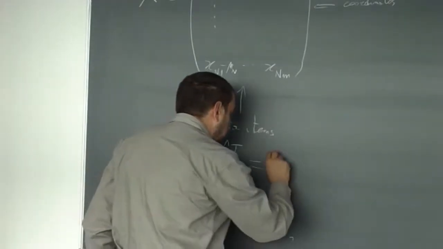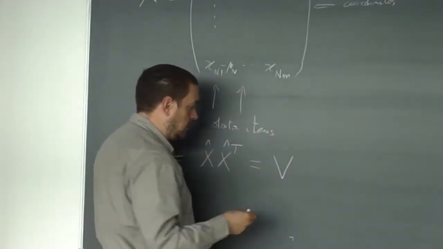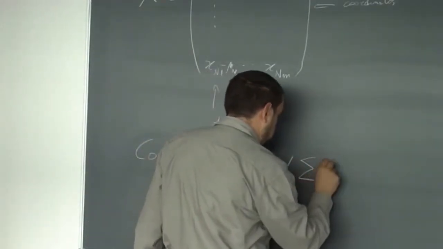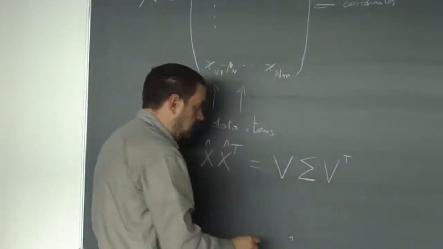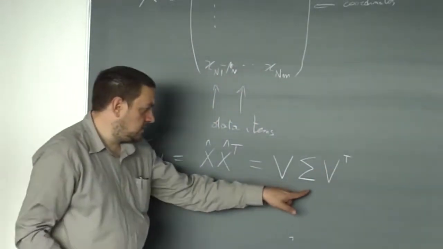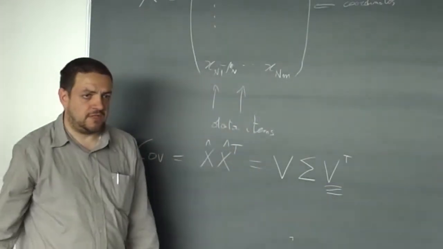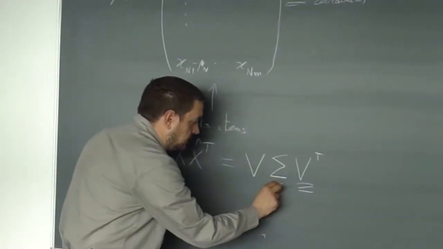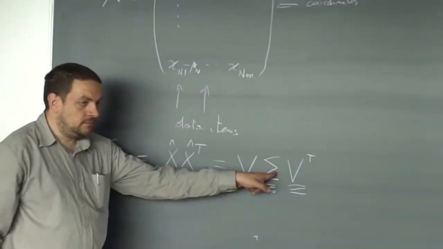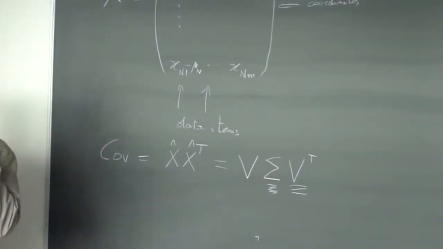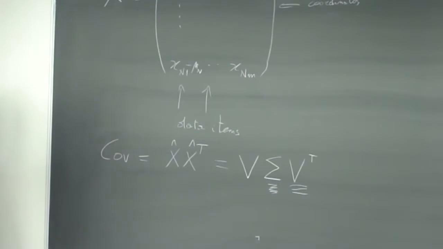This covariance could be decomposed so that we could find a coordinate transformation matrix V so that the covariance matrix would become diagonal. Okay, this was the main idea.